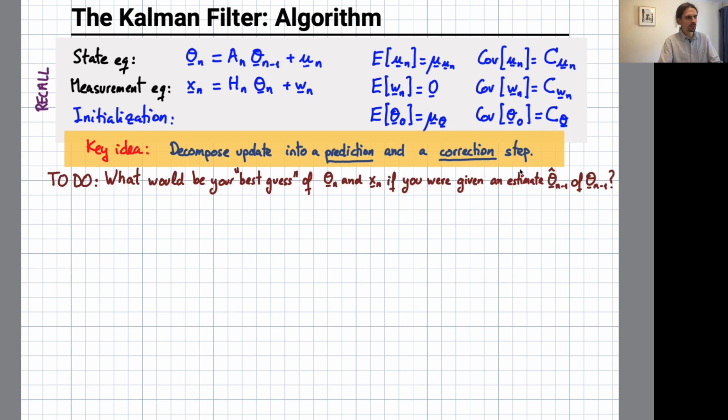But before presenting it, let us try to develop some intuition. So here we have this exercise, which is to think what would be your best guess of theta n and xn if you were given an estimate theta n minus 1 hat of theta n minus 1.